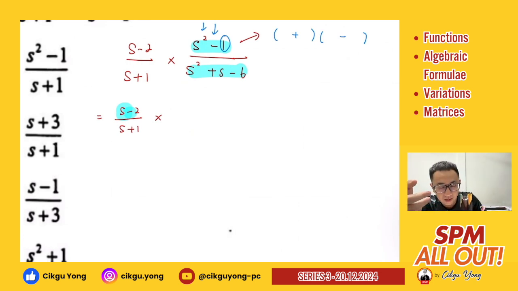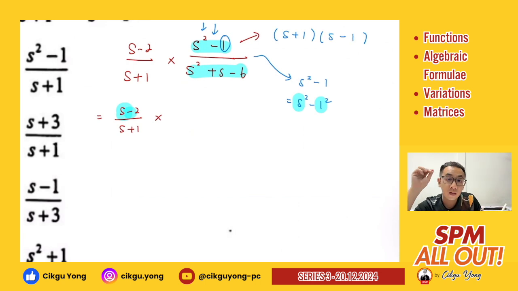So in this case, s squared minus 1 is actually s squared minus 1 squared, because 1 squared equals 1 as well, right? So after factorizing, you should have your s and 1 here and here. This is a formula, right? You have to remember this no matter what.